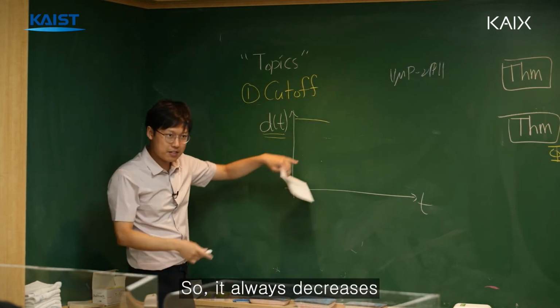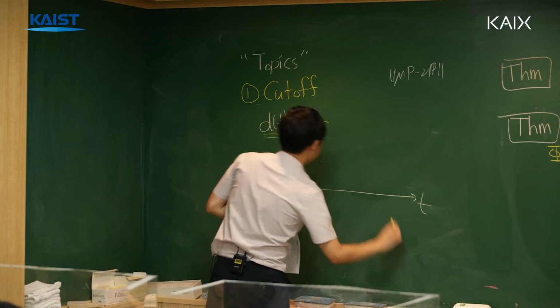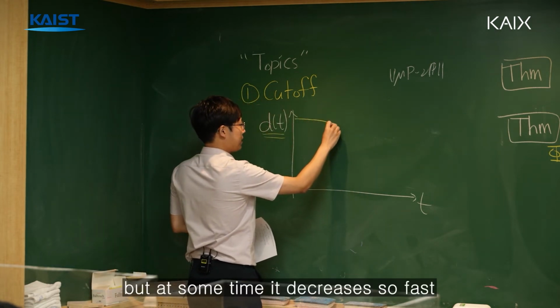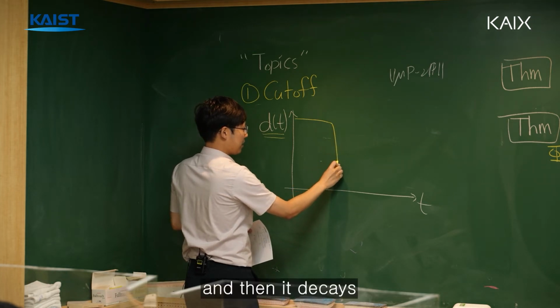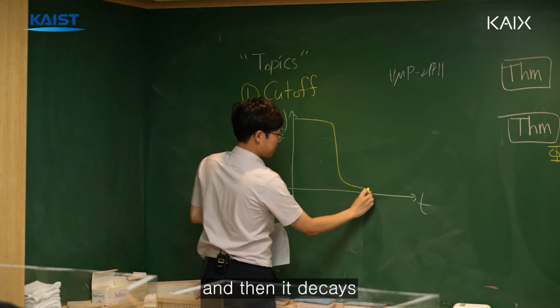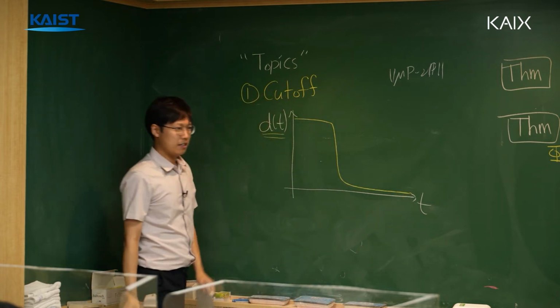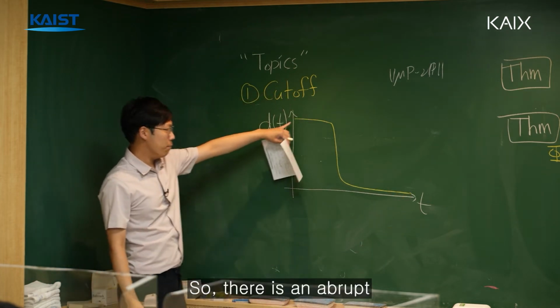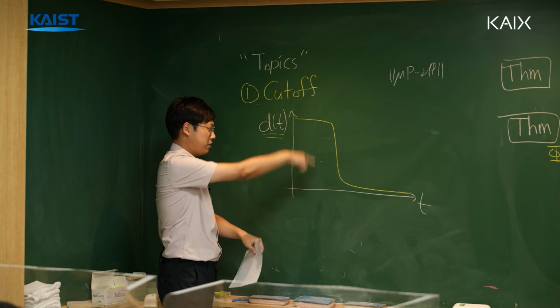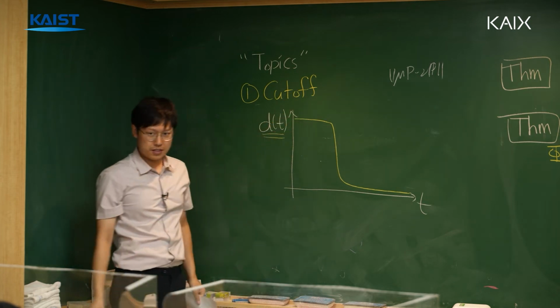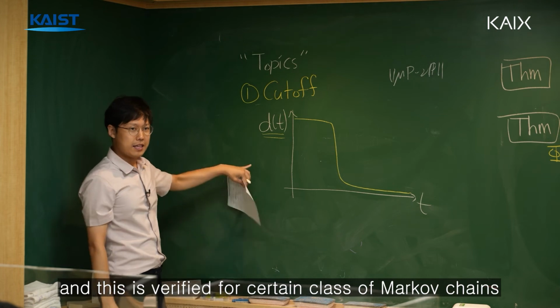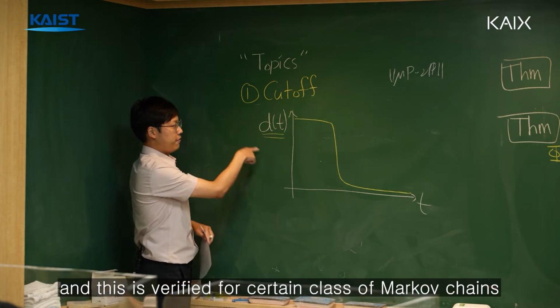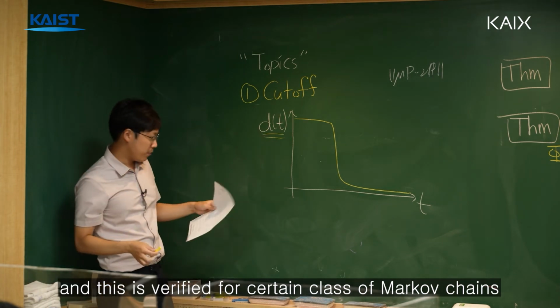So it always decreases, but at some time it decreases so fast, and then it decays like this. So there is an abrupt decrease in the total variation distance, and this phenomenon is called the cutoff phenomenon. This is verified for a certain class of Markov chains.